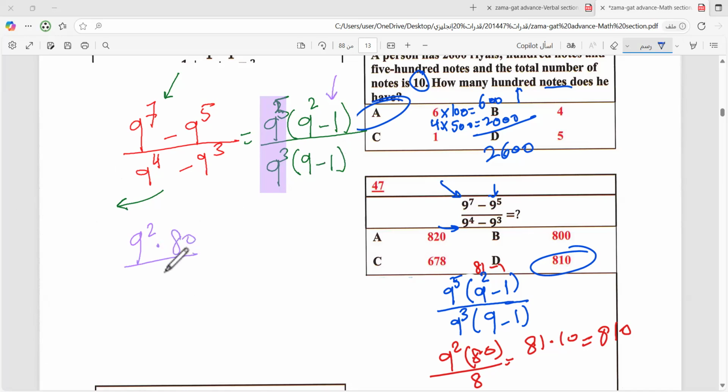And 9 minus 1 is 8. We simplify, so it equals 9 to the power 2, which is 81, times 10. So the answer is 810.